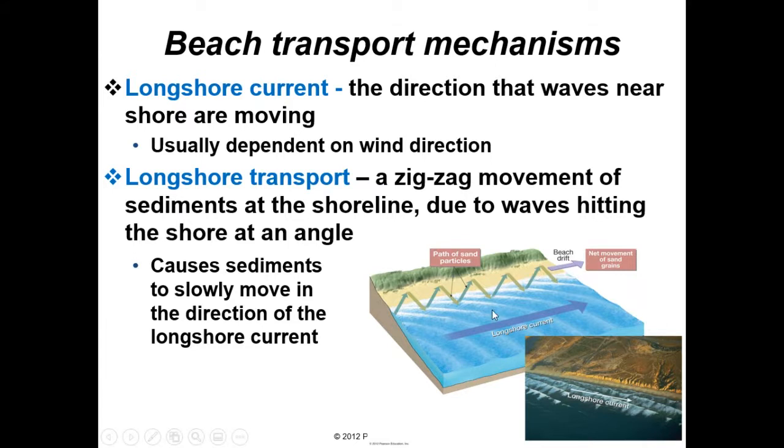So having said that, if you go to a beach this summer, the sand that's there will not be the same sand that is there the next year. Because the sand that was there is going to move with the longshore current downwind.